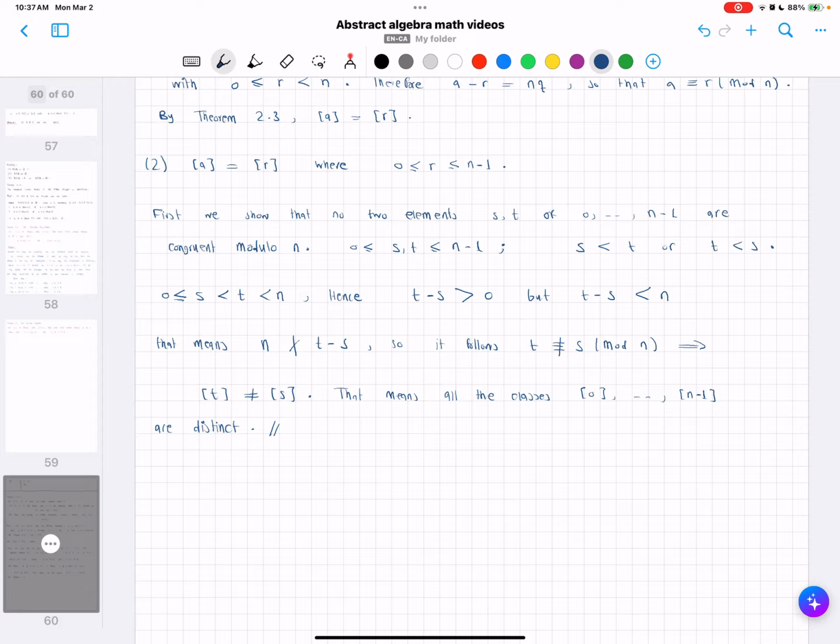So what we've discovered is that we can construct a set whose elements are congruence classes modulo n, and that is denoted by Zn, and we found that all of the elements are distinct, and that's a finite set, while the elements themselves are also sets that are infinite.